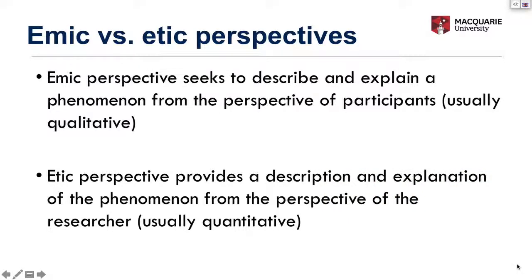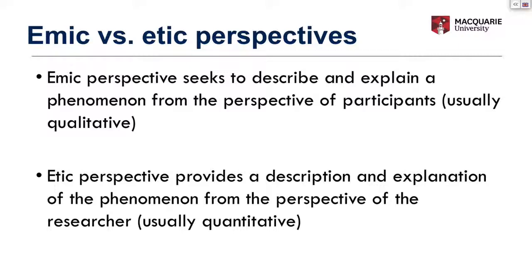So one of the distinctive features between quantitative and qualitative methods is etic versus emic perspectives. As I mentioned, usually it is said that in quantitative research, researchers try to investigate and discover the phenomenon and explain the phenomenon from their own perspective.